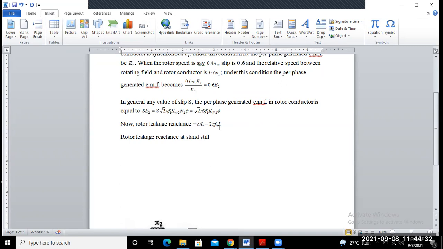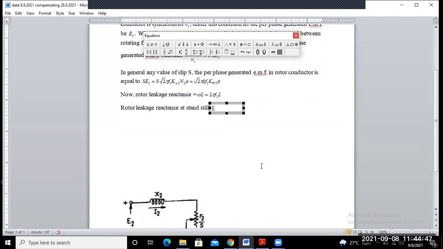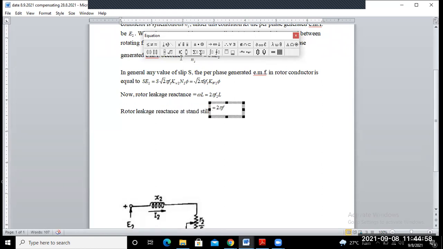At standstill this frequency becomes F1, so 2 pi F1 L2, or you may represent the inductance as a small letter l2, is equal to X2 at standstill.